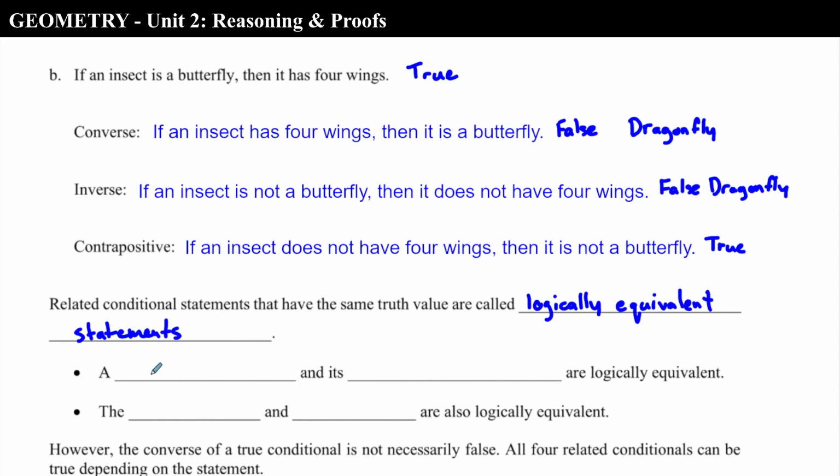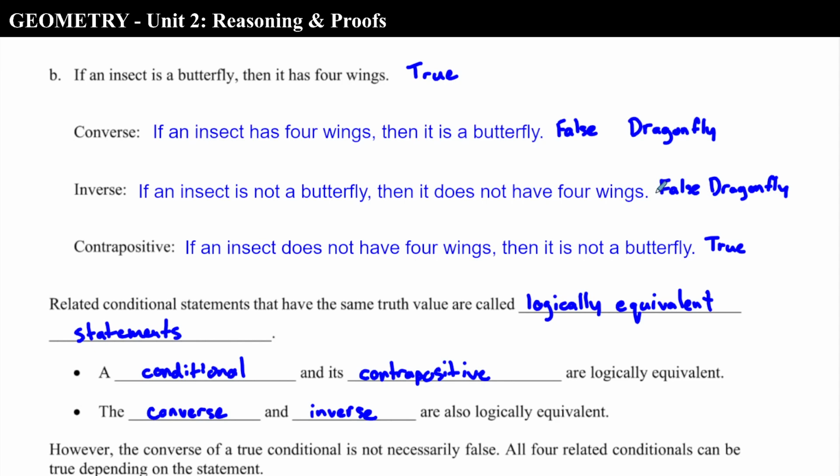A conditional and its contrapositive, as we just observed, are logically equivalent. These two will always have the same truth value. The converse and the inverse are also logically equivalent, meaning they will also have the same truth value. In this case, they were both false.